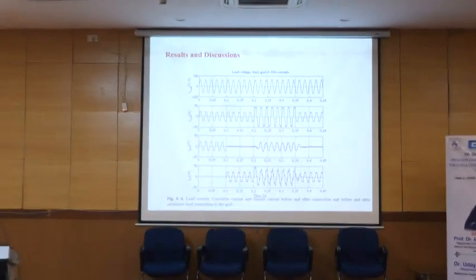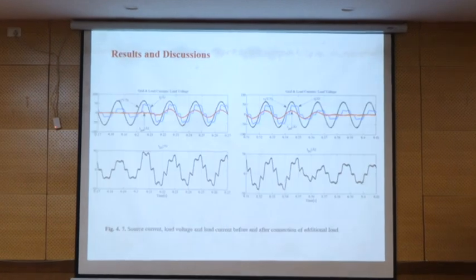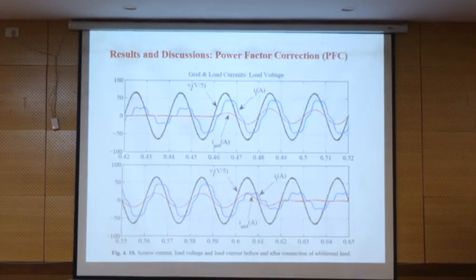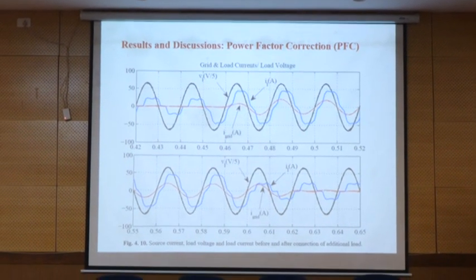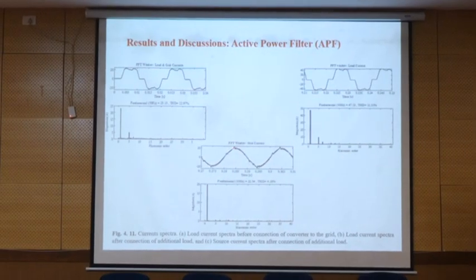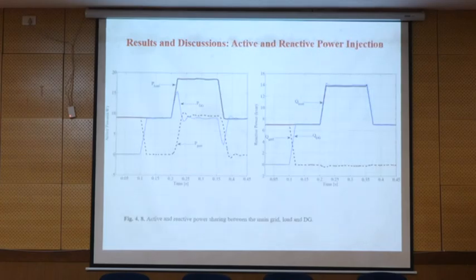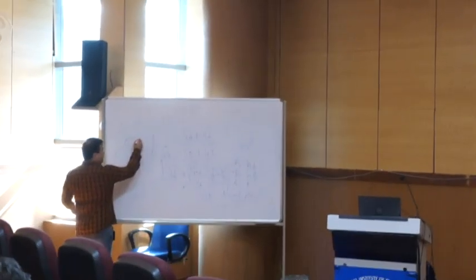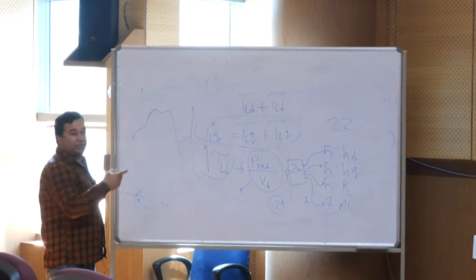And the reason is that the PI controller follows the reference. So when the reference is changing, for example when we have this current, the current looks like this.